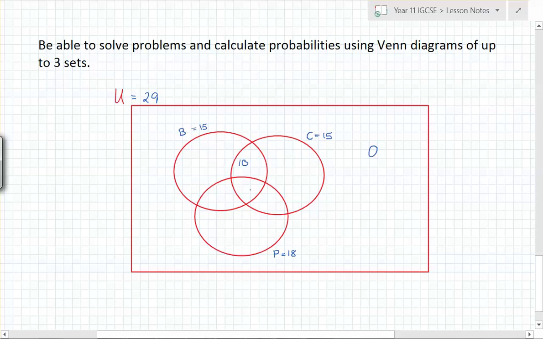So this region has to be 10, subtract whatever that x is, because those two have to add up to 10. 5 take chemistry and physics, so this must be 5 but subtract x. Then 7 take biology and physics, so it must be 7 minus x.